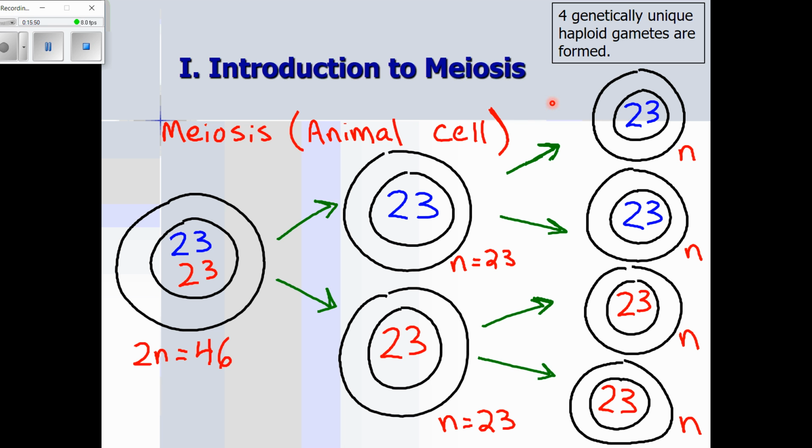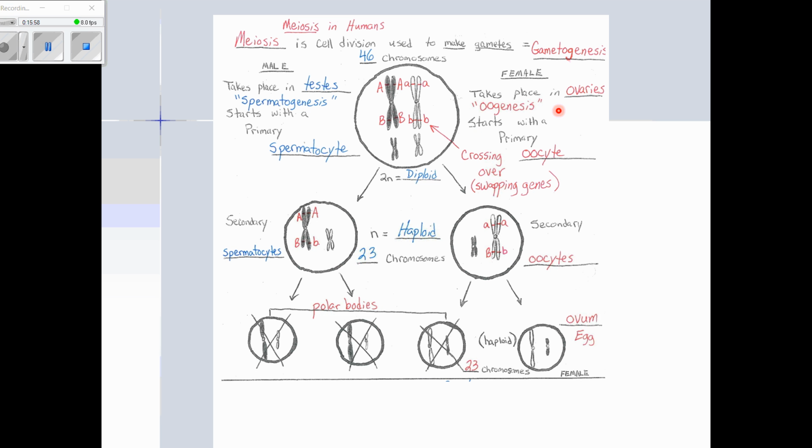Let's take a little bit of a closer look now at how meiosis is used by animals to make sperm cells and egg cells. And I'm going to use humans as my example, just because I happen to be one. There's some fairly intimidating terminology that pops up in here, but I think once we go through it, you'll see that it makes sense and it's really not as bad as it looks.